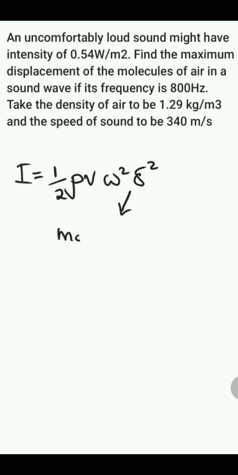Now, in this case, to find the intensity given maximum displacement, we'll say that this will be half, then we have density, the speed, angular frequency squared, and the maximum distance squared, which just happens to be our maximum distance.